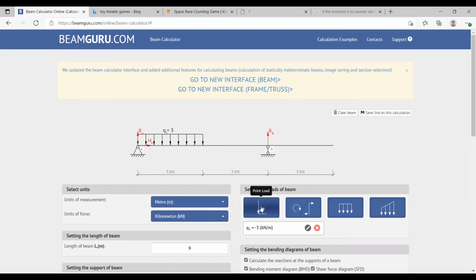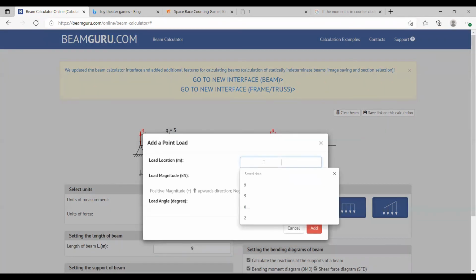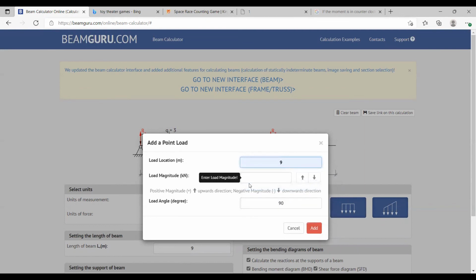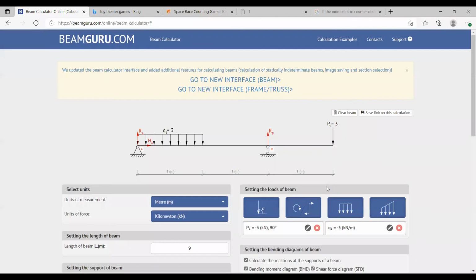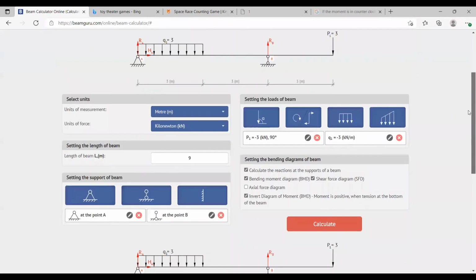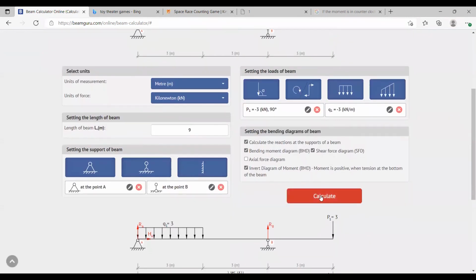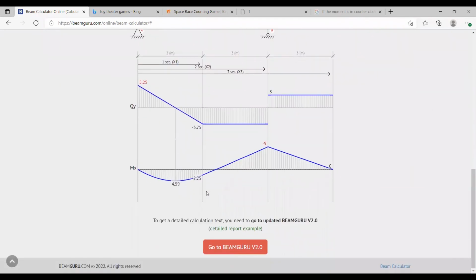So we go here at the point load location, it's at 9. Load magnitude is 3 kilonewtons. Again, it's negative because it goes downwards. Load angle is 90 degrees. And I believe that's it. And here is our beam, exactly the way we had it. And now let's go ahead and calculate it and check our diagram.